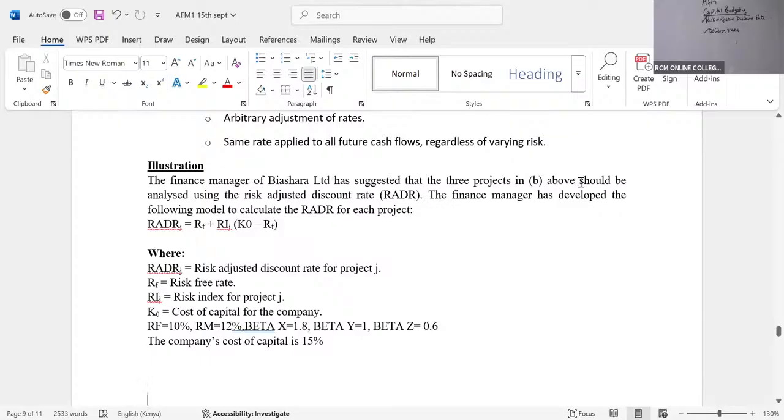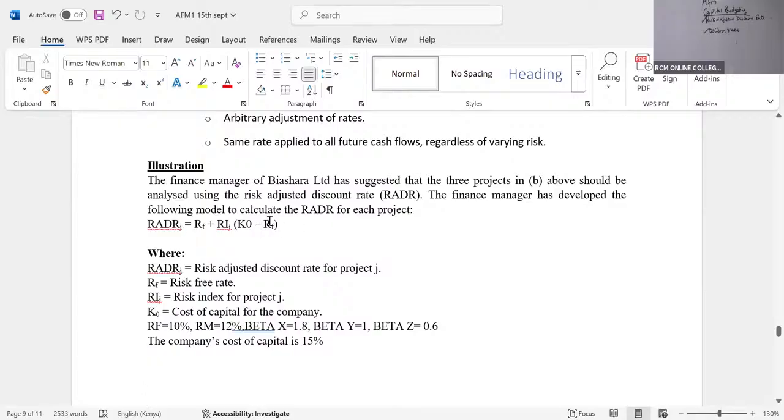The finance manager has developed the following model to calculate the RADR for each project.